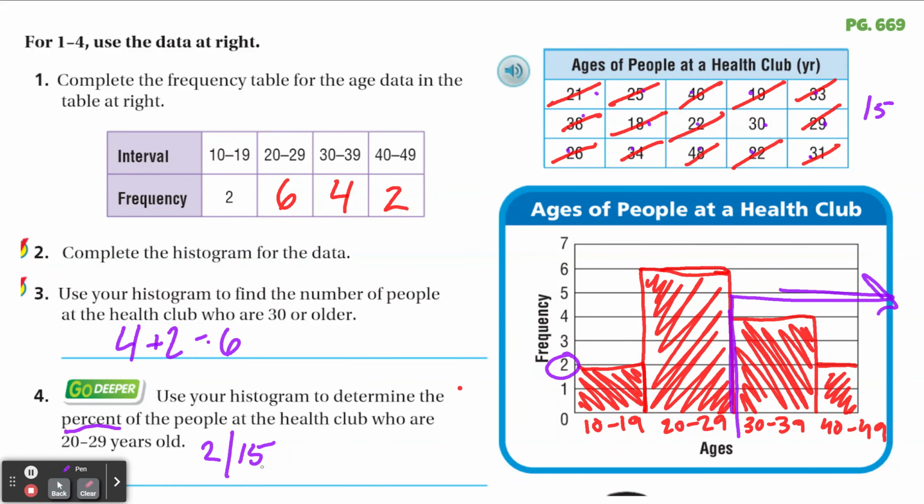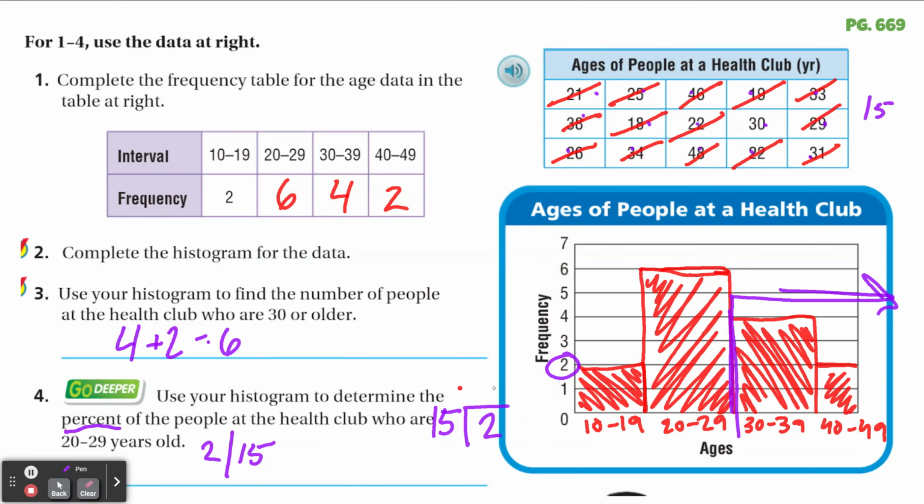Yesterday we looked at trying to get our percents to be out of 100. But if I count by 15s, I can't land on 100. So the other thing I can do is take my 2 and divide it by 15, and that's going to turn it into a decimal.